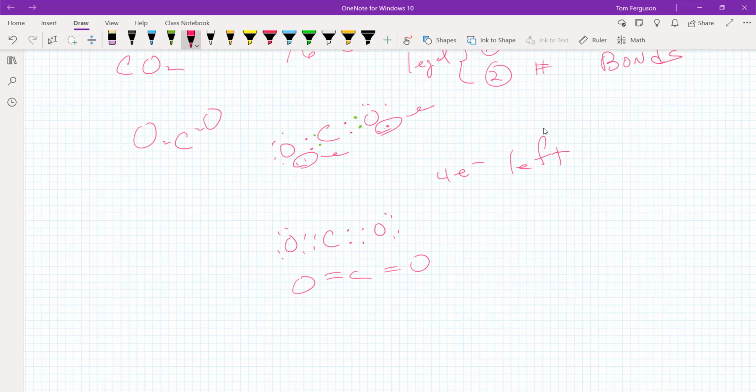They have to have a full shell, whether it's 2 or 8: 2 for hydrogen, 8 for everything else. Then make sure the number of bonds is correct. Carbon's 4, 3, 2, 1, 0.